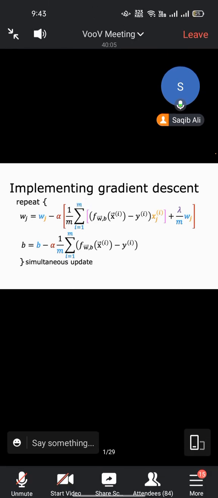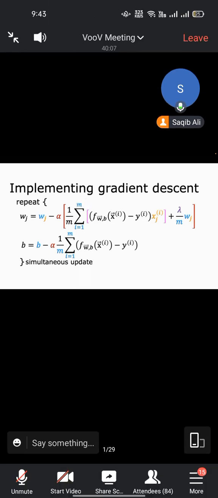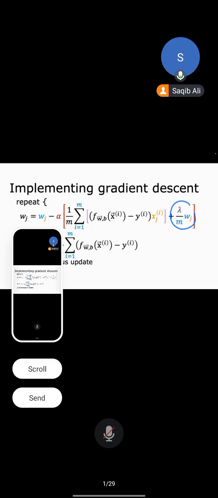Again, in order to implement gradient descent, you have to update simultaneously. So the only new term is this one. We took the alpha outside. We have lambda by m, this is our regularization term in gradient descent. Only change in w, no change in b. b is same as previous, what we did in linear regression.